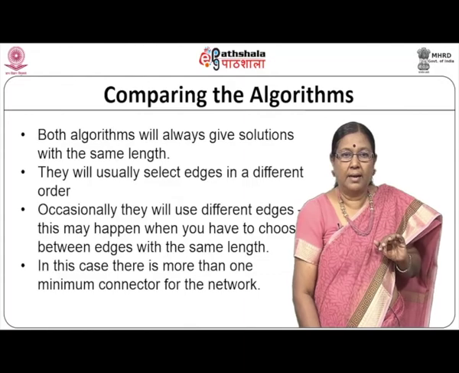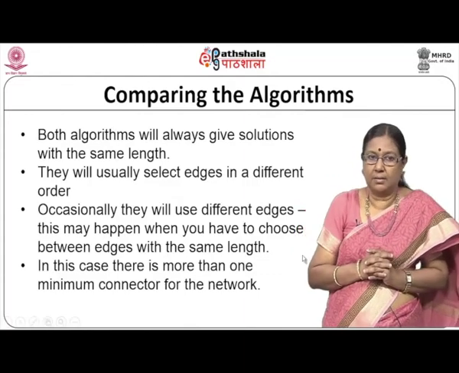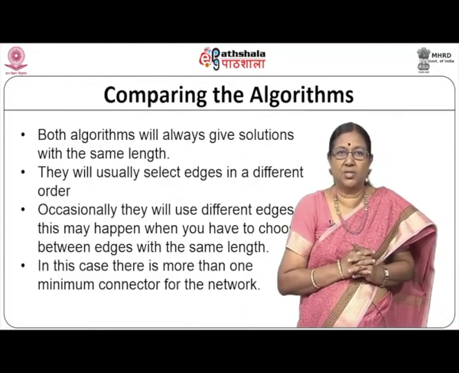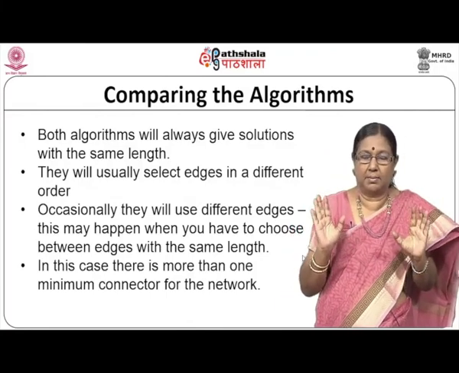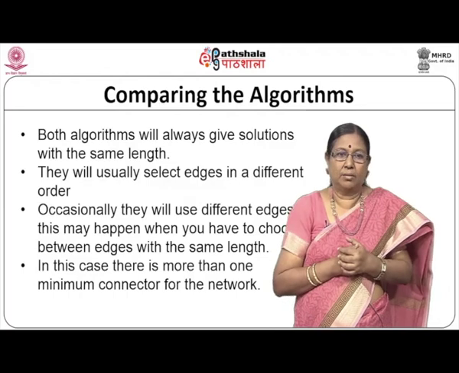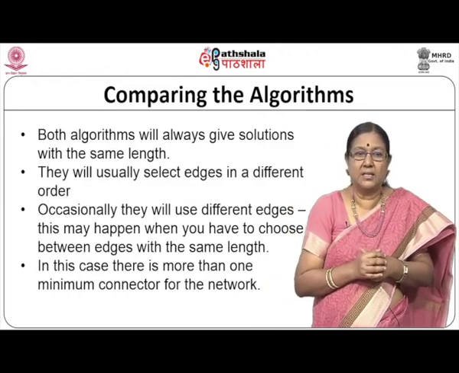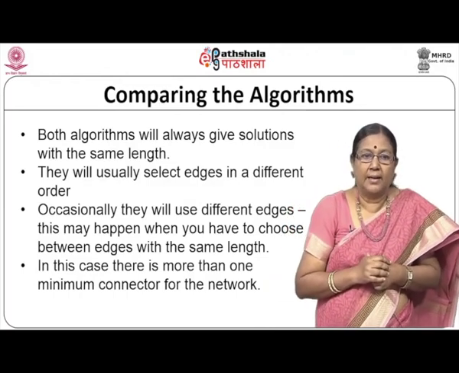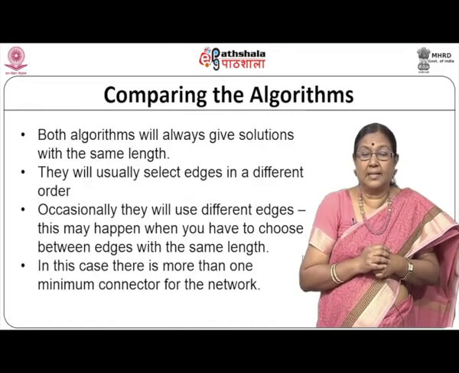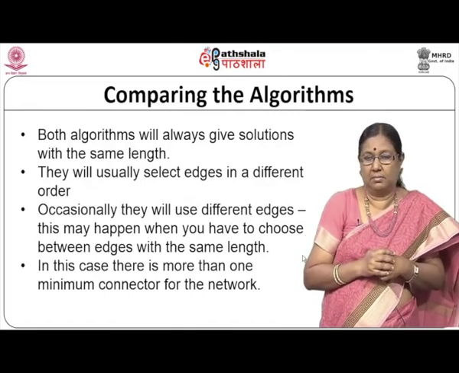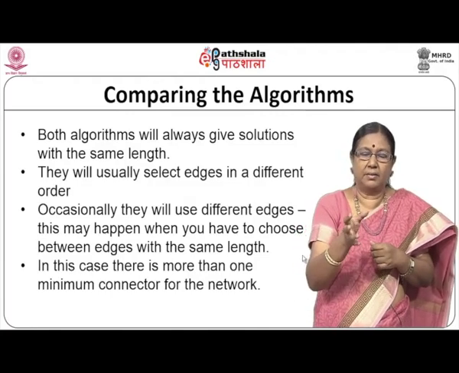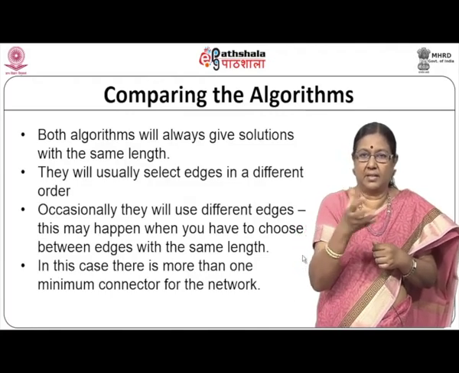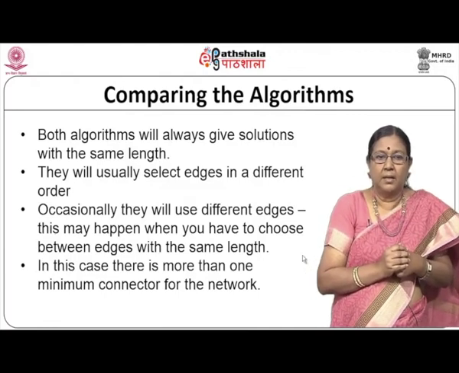And when you compare the two algorithms, both will give solutions with the same length. The minimum is not going to change, the minimum value of that length, or if you say weight, does not matter, and it can select the edges in a different order, that is possible. But that is only possible if some edges have the same weight and the selection is like that.